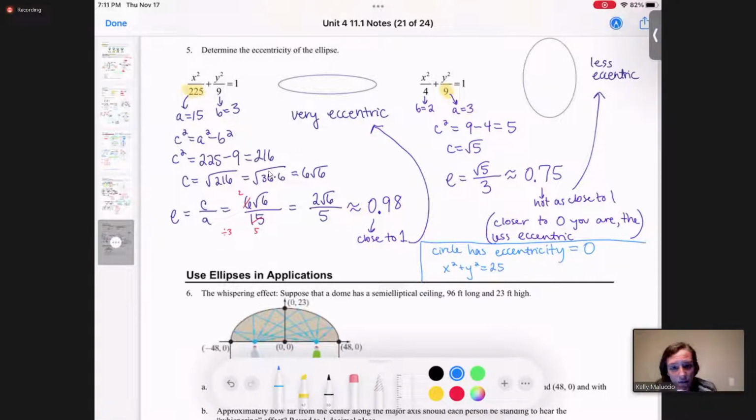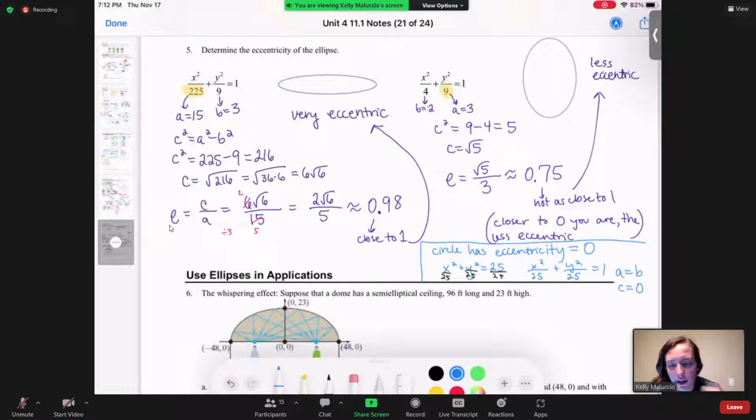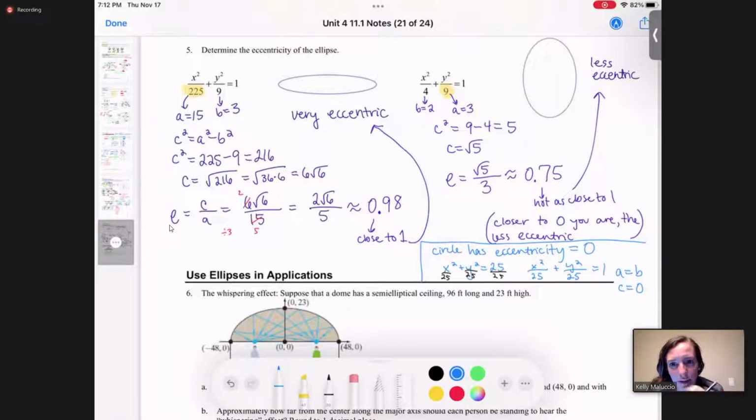If I divided everything by 25 and wrote it as an ellipse, I would get x squared over 25 plus y squared over 25 equals 1. When this happens, A equals B. So C is 0, because A squared minus B squared is 0 if A and B are equal, right? So because of this, little e is 0 over A, which is just 0.